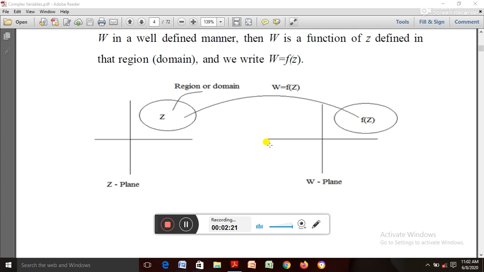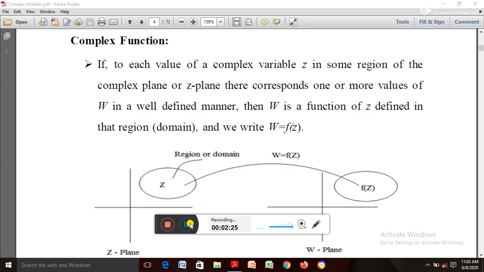It is a representation of the z plane and w plane in the xy plane. If you change z in the z plane, we observe what is the change in the w plane. So w is equal to f of z is a function, and by using this we study the complex variable.